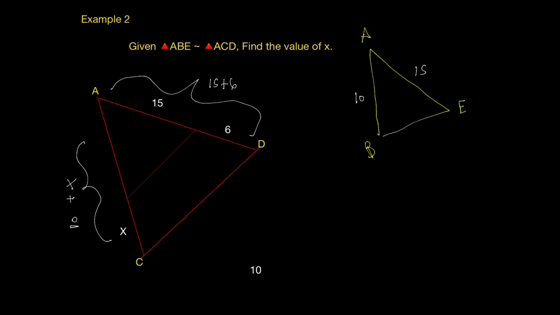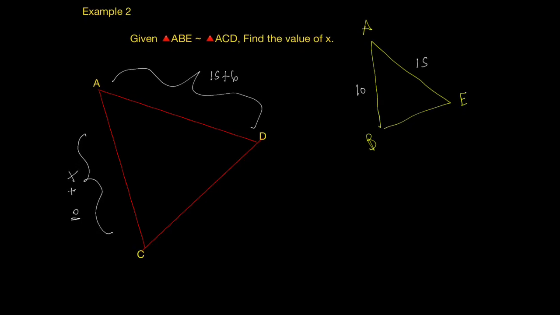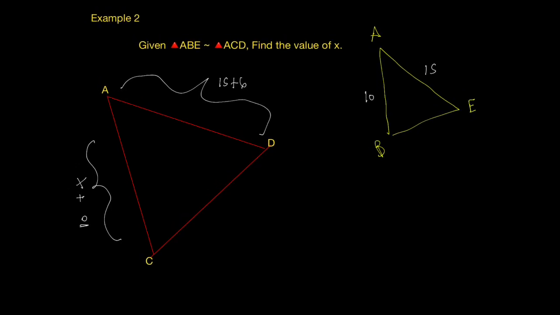So 10 plus x, 15, and 6. And get rid of this part. And I'm aware that you don't have the luxury of doing that, but just follow along so you can get the idea.